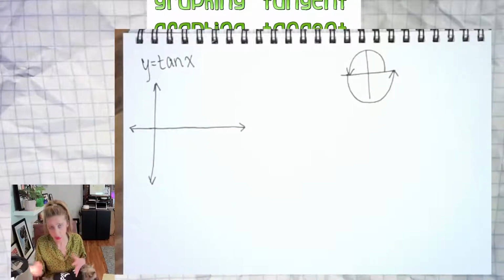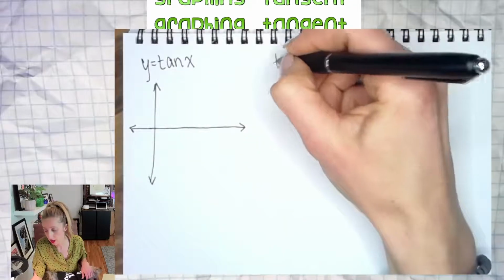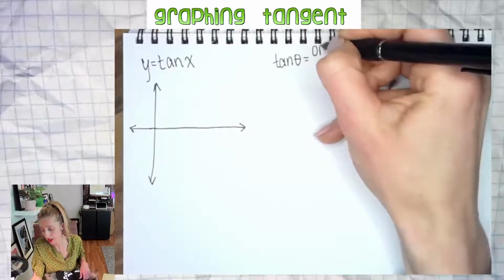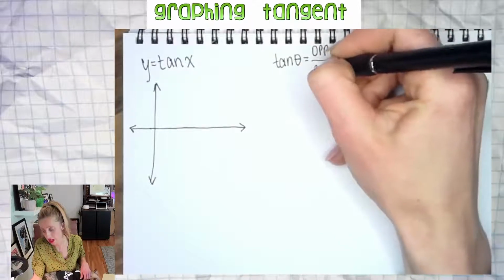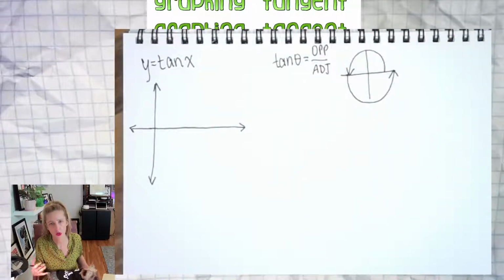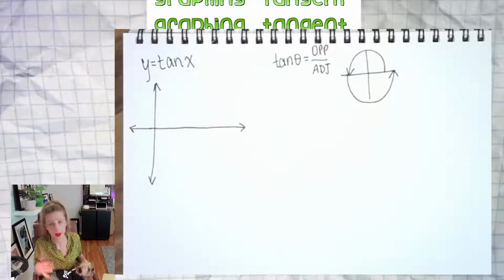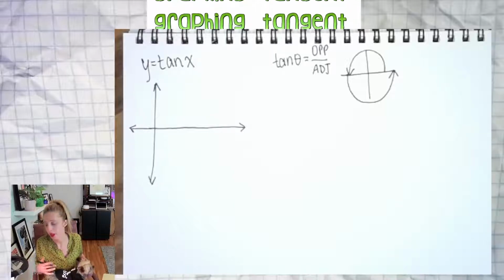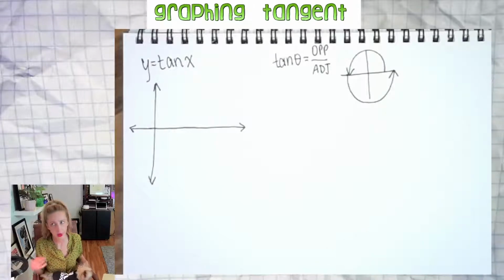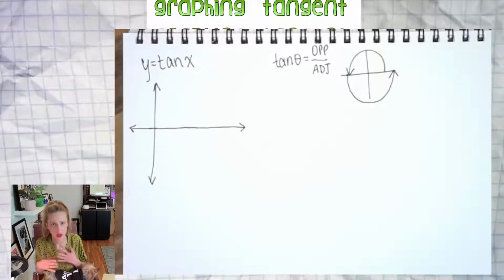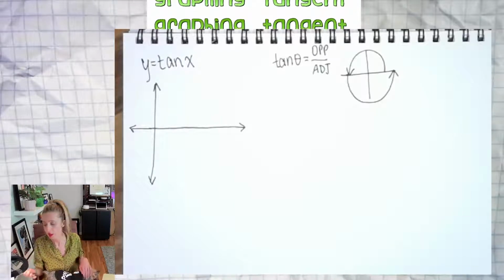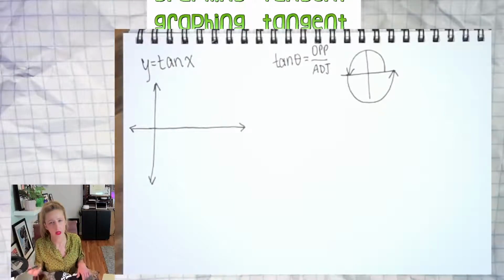Tangent, as a trig ratio, tangent of theta from geometry and on, is the opposite over the adjacent. There's no rule for which of those can or cannot be the bigger side. Anything's possible. If the opposite is less than the adjacent, assuming we're only dealing with positives, then you're going to have something less than 1.